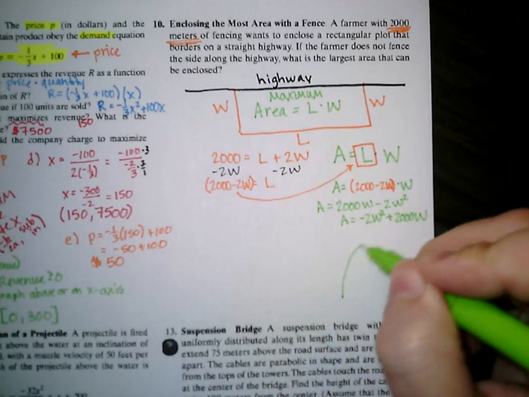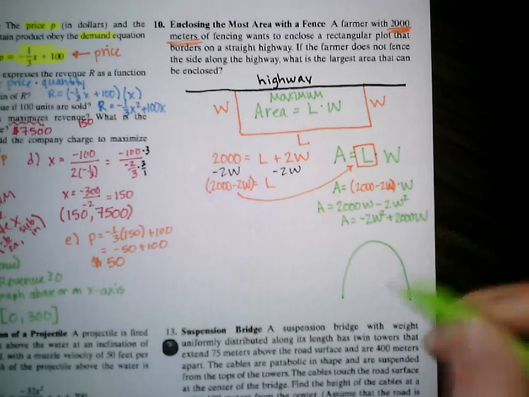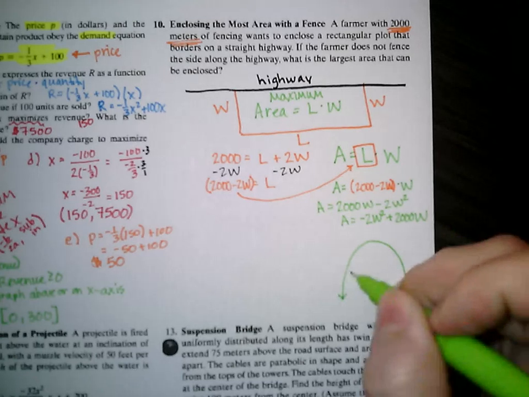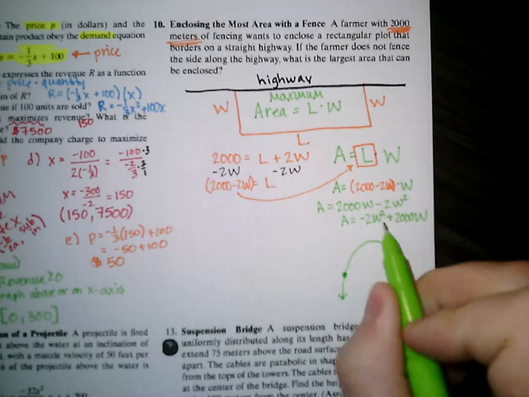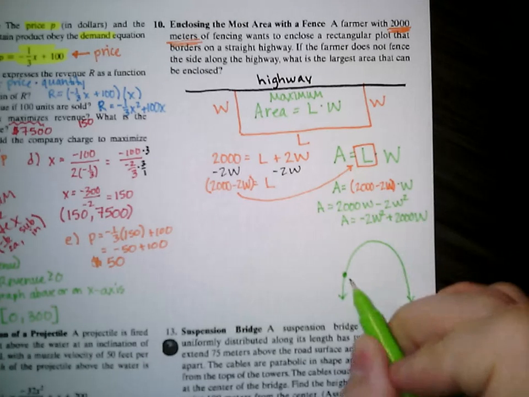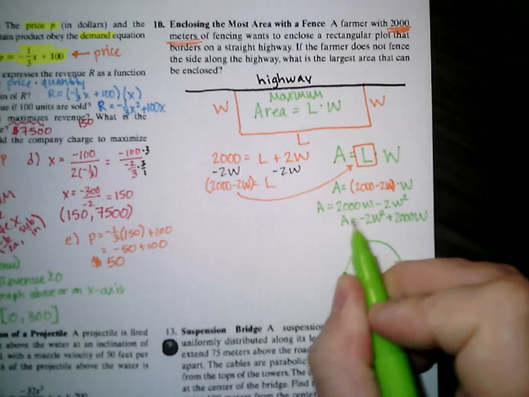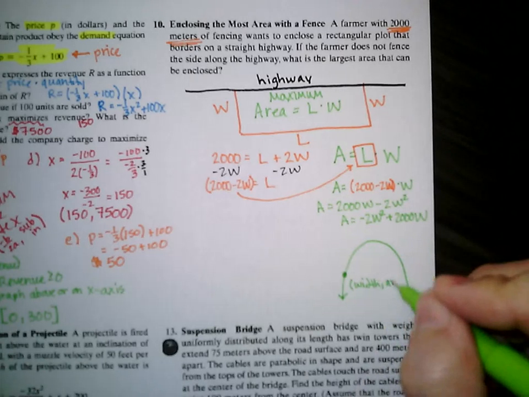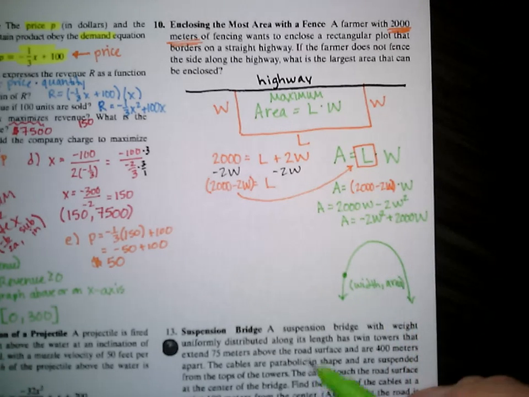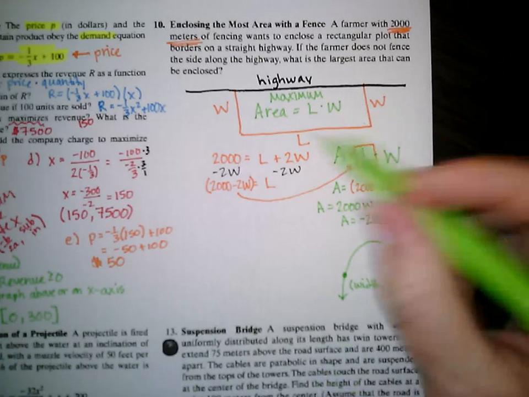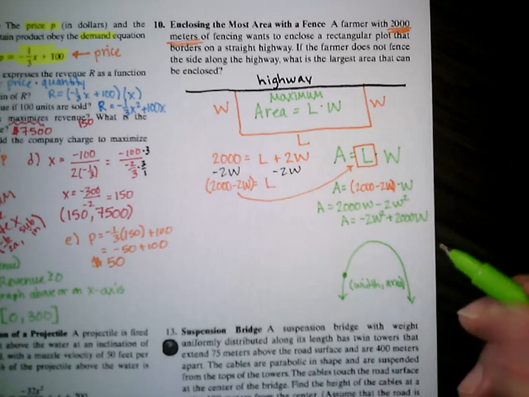So it is a parabola that opens down. Every ordered pair on here, the independent variable is the letter W, so that is going to be a width. The dependent variable is the area. So each ordered pair will be a width of my plot and an area of my plot.